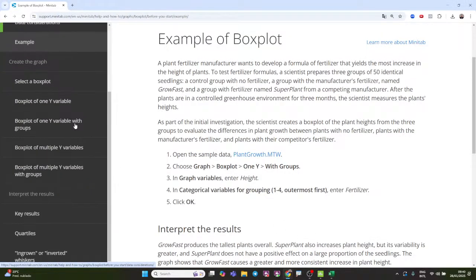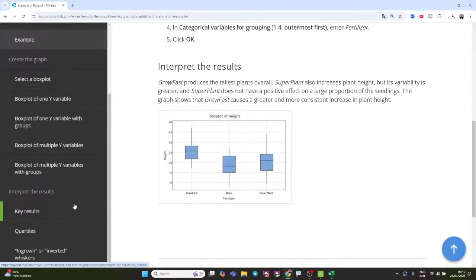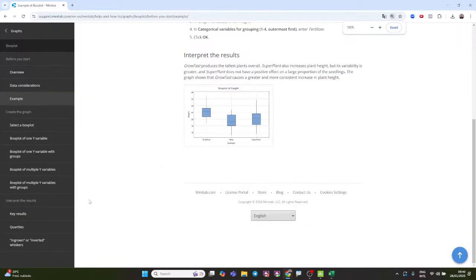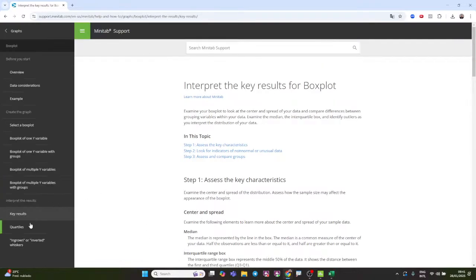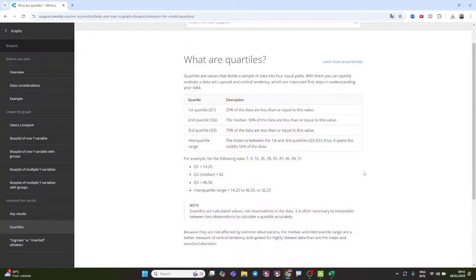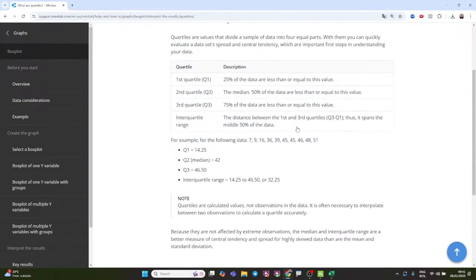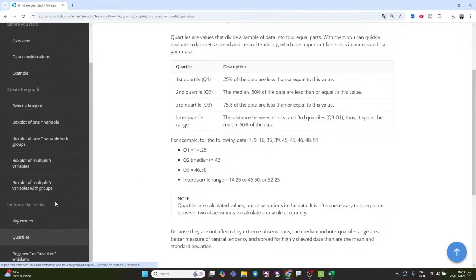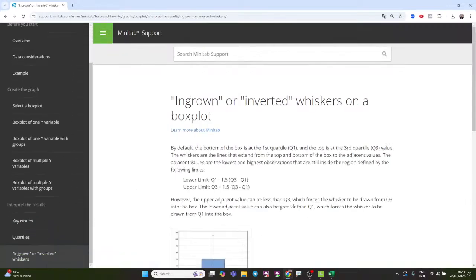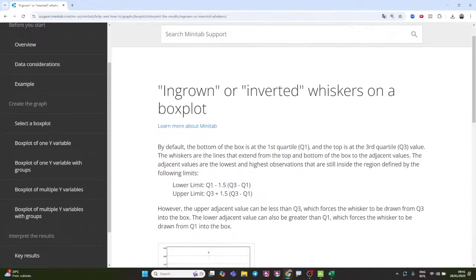Here at the bottom, key results, then we have quartiles. See, we have the formulas here, or pretty much these concepts that I have mentioned right now. Then you have lower limit and upper limit.